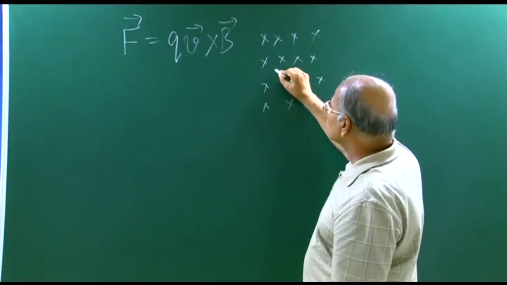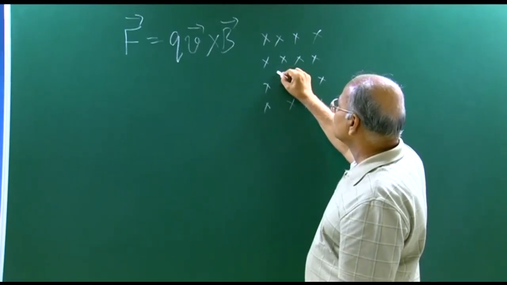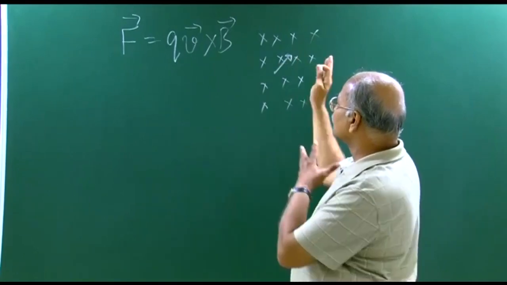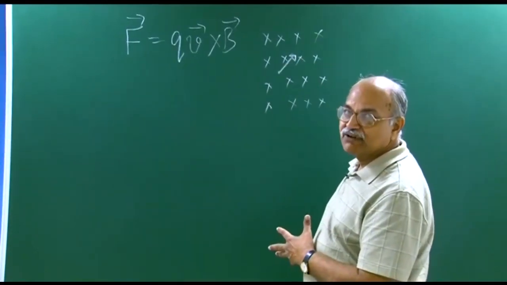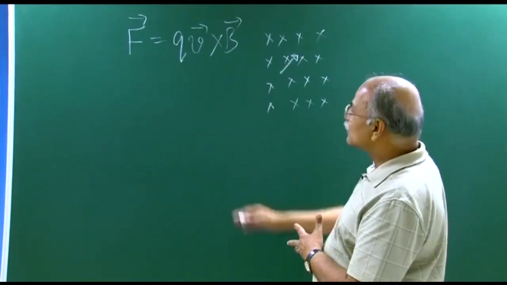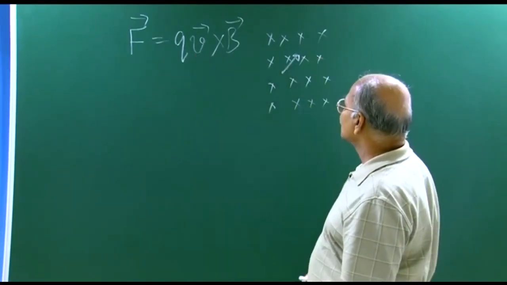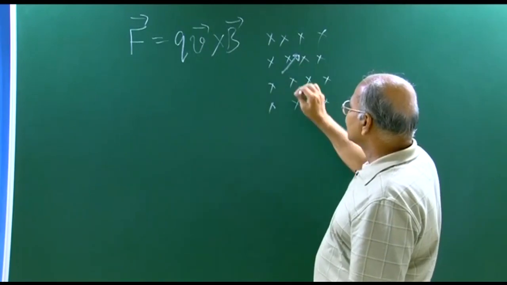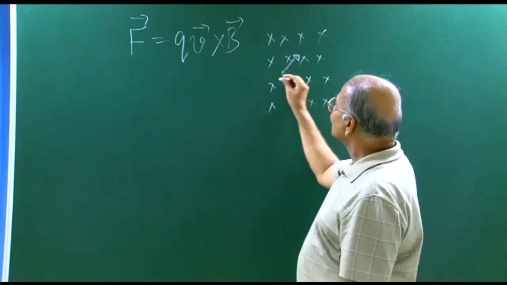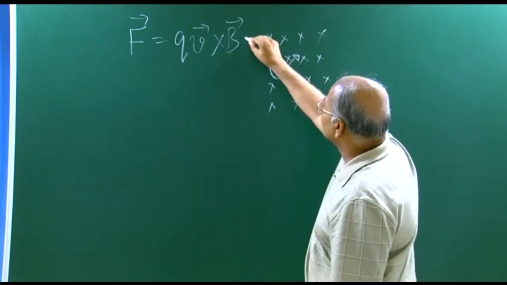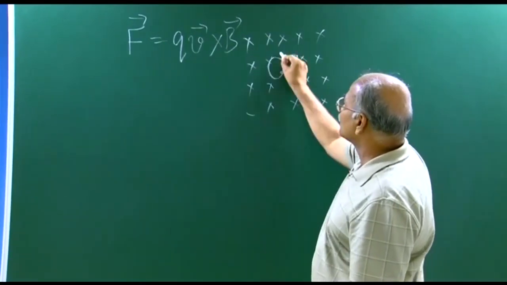Then if some charged particle is projected with some velocity in this uniform magnetic field, the force acts on the particle as V cross B. So here is the velocity and B is inside, so force will be in this direction. So it goes in a circular path.